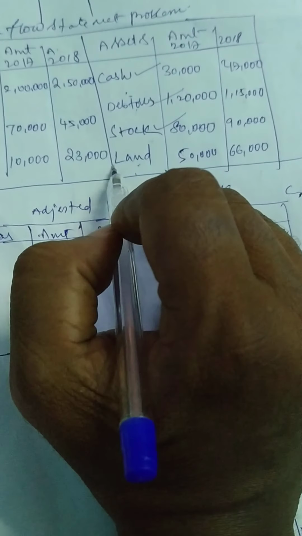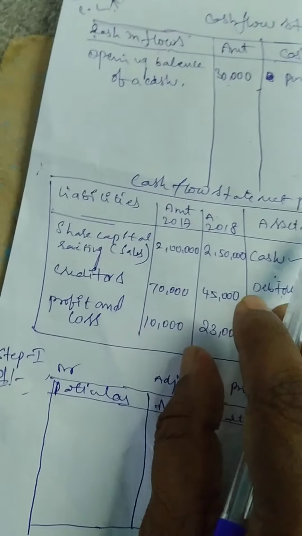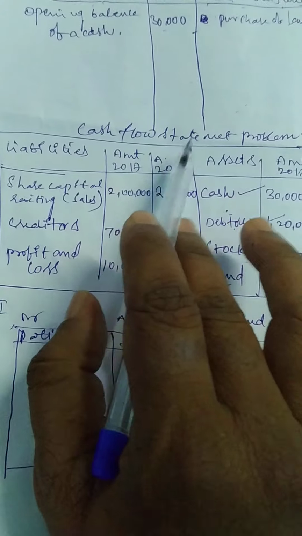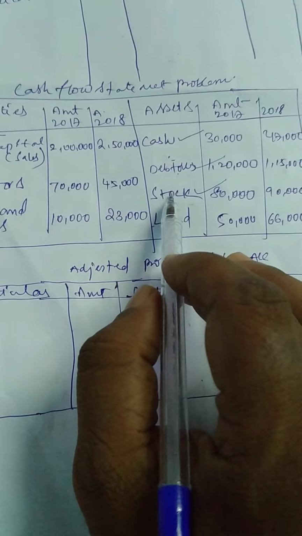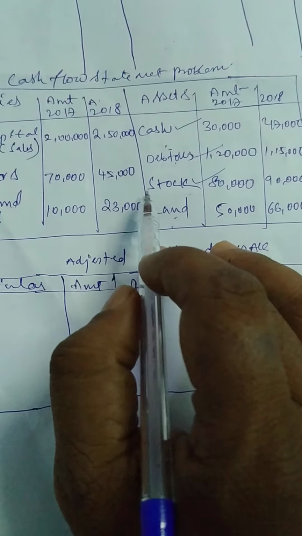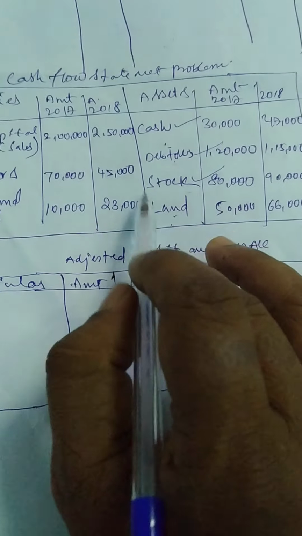Now, we have already discussed that this is a cash flow statement. For land, whether it is a current asset, current liability, or cash equivalent, we look at how that asset moves in the business.